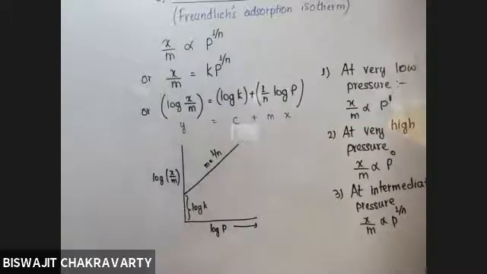And if you want to calculate the effect of temperature, then pressure must be kept constant. So both cannot be changed. Otherwise, you won't understand which actually is affecting the process of adsorption. Clear or not?